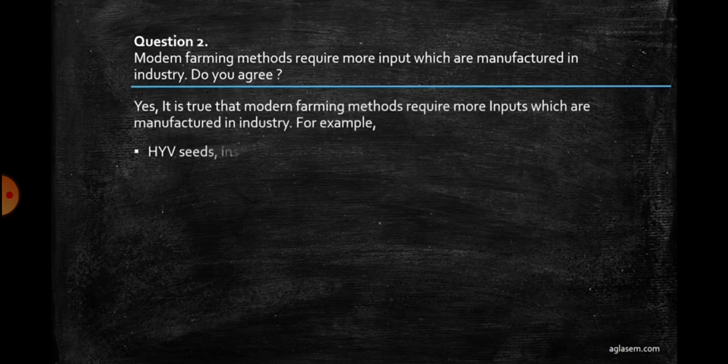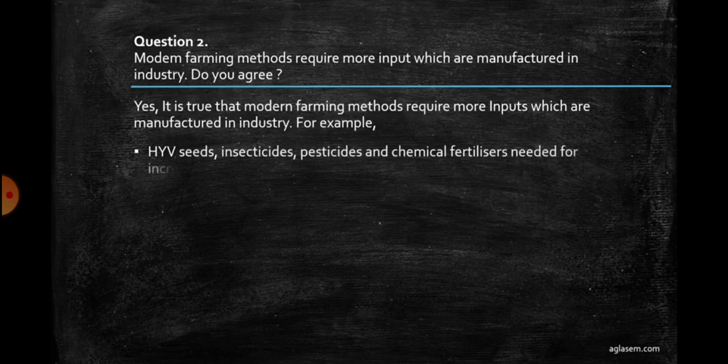For example, HYV seeds, insecticides, pesticides, and chemical fertilizers needed for increasing the yield per hectare are all manufactured in industries.